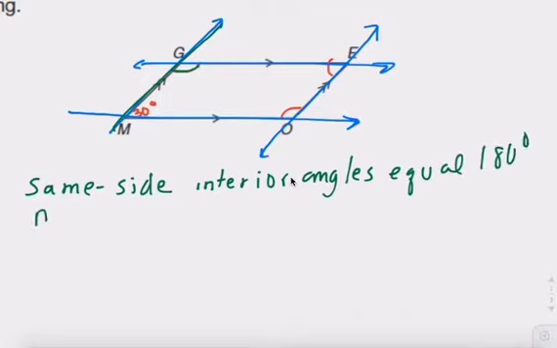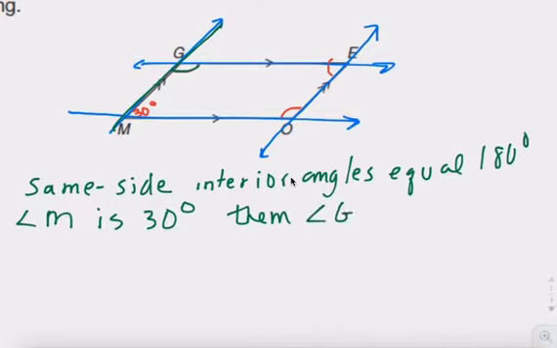So if the measurement of angle M is 30 degrees, then angle G has to be 150 to make 180, because 150 plus 30 is 180, right?